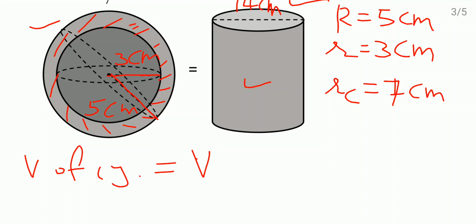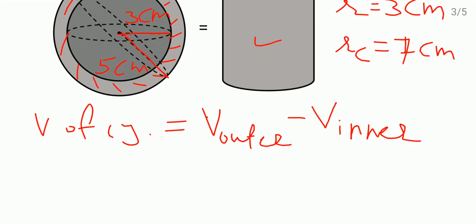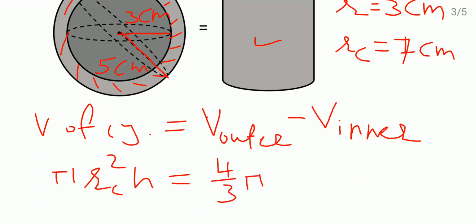So outer volume minus volume of the inner shell, inner volume. Now here pi RC square H is the volume of the cylinder, which is equal to 4/3 pi capital R cube minus 4/3 pi small r cube.